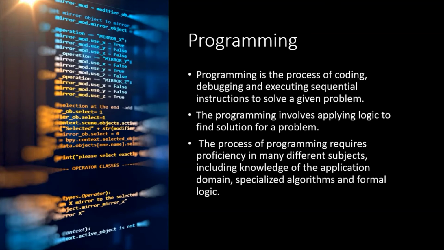If there are any errors in the program, then it informs the user about these errors so that the user can rectify them. Once the program is error-free, we can execute the program. So this entire process of coding, debugging and executing is called as programming.